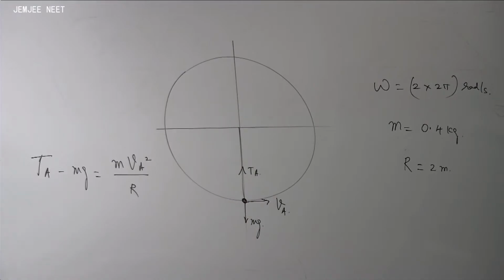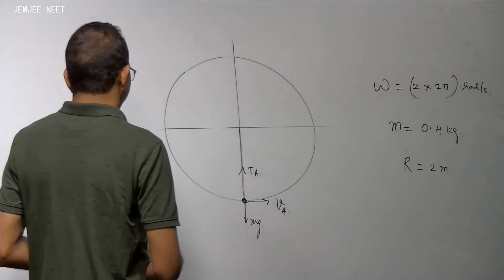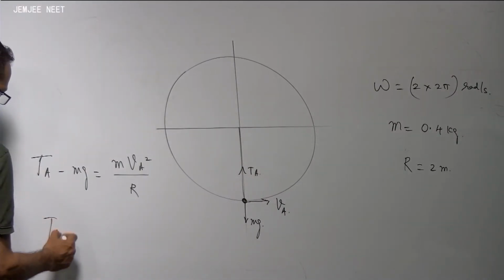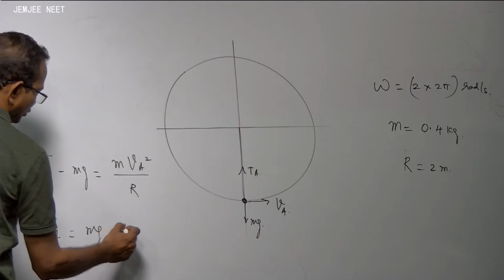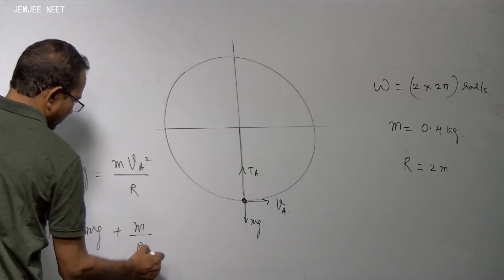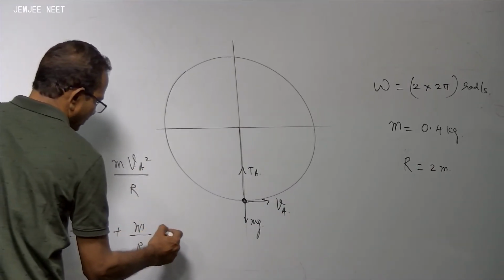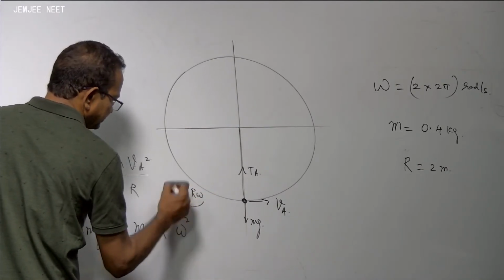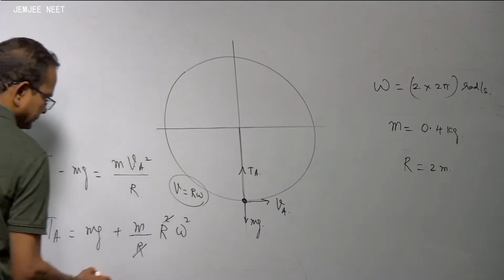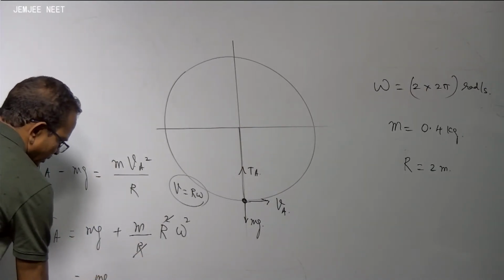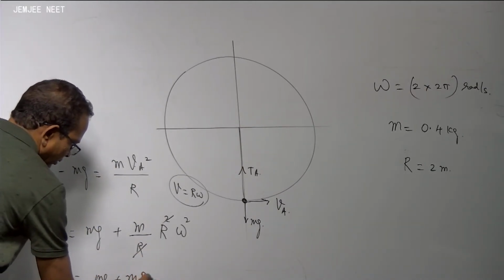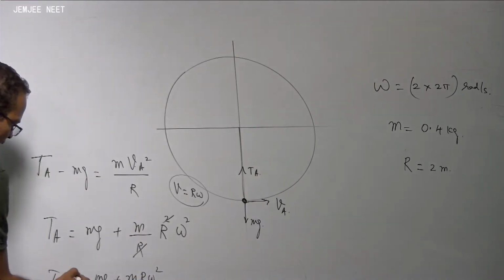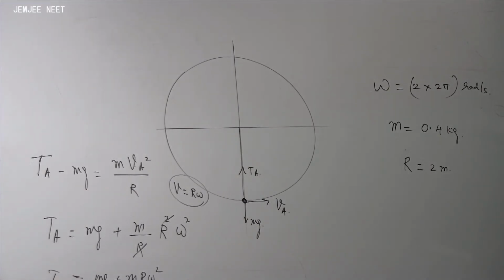So we use v equal to R omega and then solve. What is v_A? R square omega square, since v is equal to R omega. m cancels with R. So mg plus m R omega square is the tension at A.